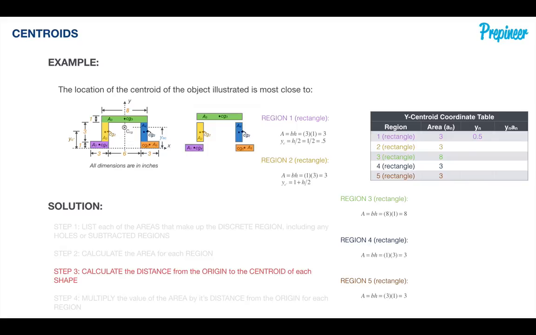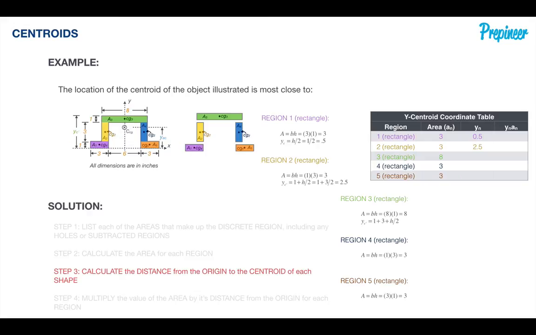So you can see over there under region 2, between the table and the exploded view, yc prime is equal to 1 plus h divided by 2. That 1 is the height of region 1. So plugging in our value for our height, we get a centroid from the x-axis of 2.5 inches.